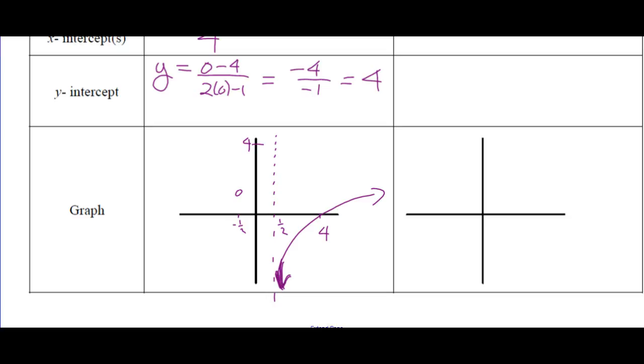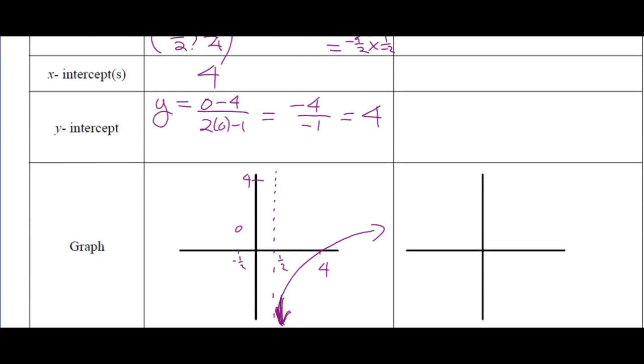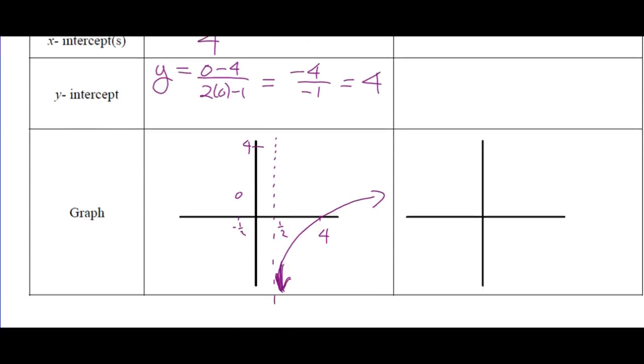Nice arrow. And on this side, oh, we've got a, what do we say, y equals 1/2? Horizontal asymptote. Okay, so that's at 1/2. And we're going to get something that looks like this. Wait, sorry. Goes through 4. And then up.